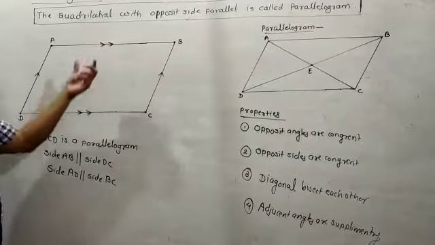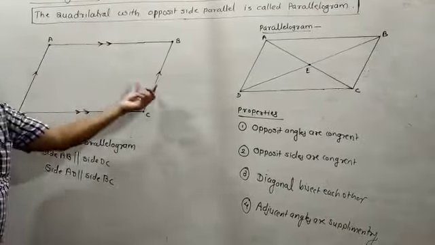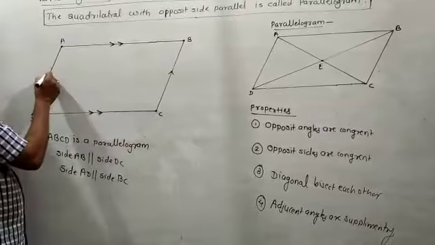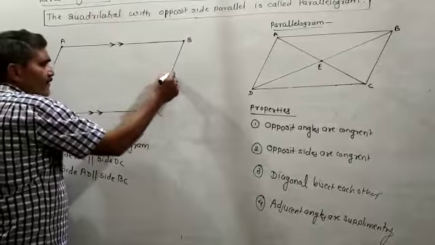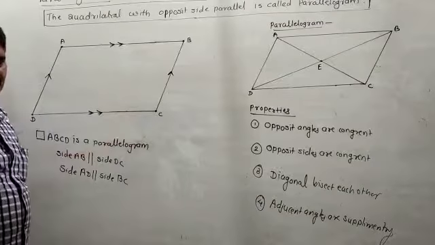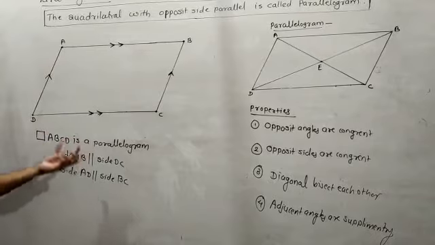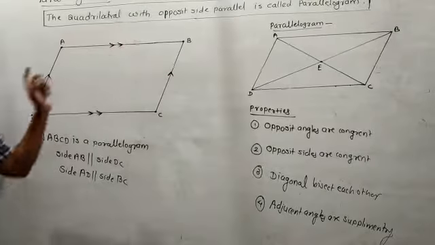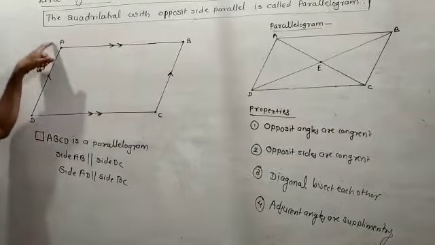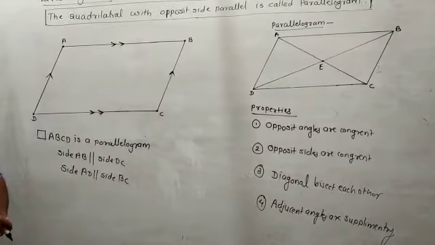Means one pair of the opposite sides here is parallel and another pair is also parallel. That one I will show by the single arrow, and I will say that side AD is parallel to side BC. So this quadrilateral is the parallelogram because side AB is parallel to side DC and side AD is parallel to side BC. Everybody understand?